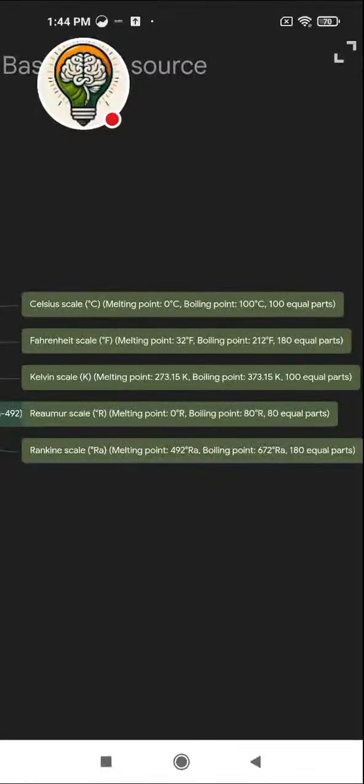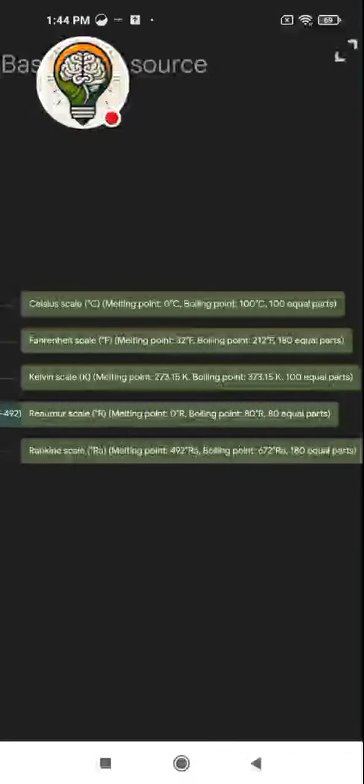The Kelvin scale has melting point 273.15 Kelvin, boiling point 373.15 Kelvin, and 100 equal parts. Reaumur scale has melting point 0 degree, boiling point 80 degrees, and 80 equal parts. Rankine scale has melting point 492 and boiling point 672 and 180 equal parts.